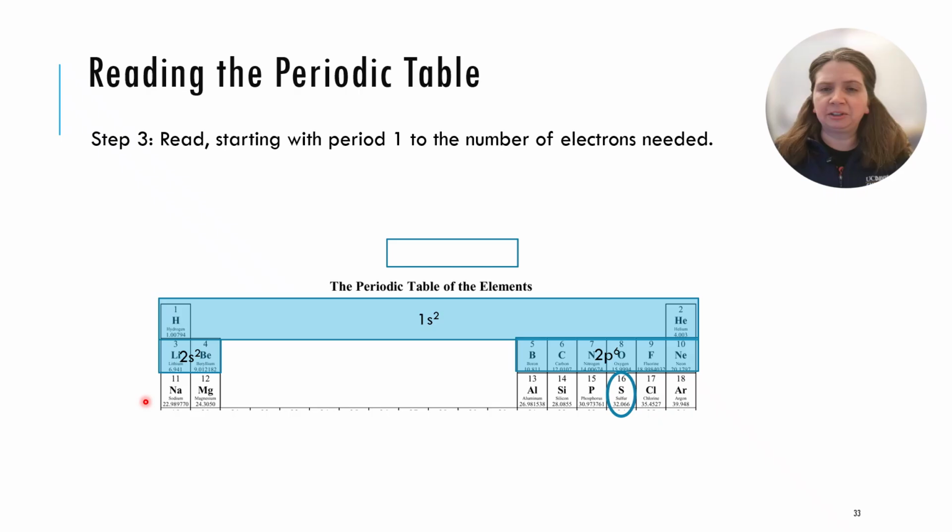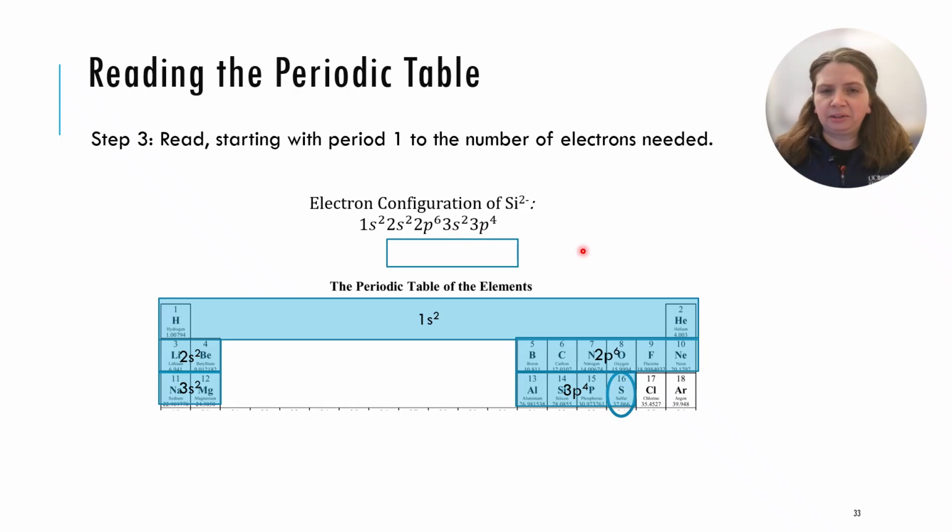Then we come around to the third row where we have 3s2. Continuing on to the rest of that third period, we have the 3p, but we are stopping 4 columns in, representing 3p4. This gives us a full electron configuration of 1s2, 2s2, 2p6, 3s2, 3p4.